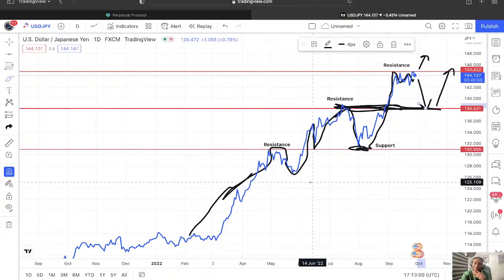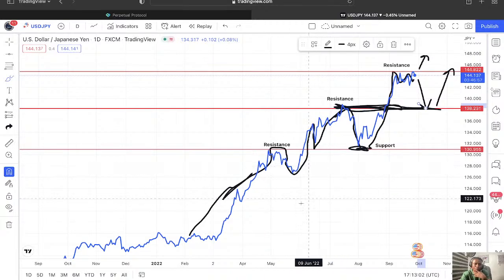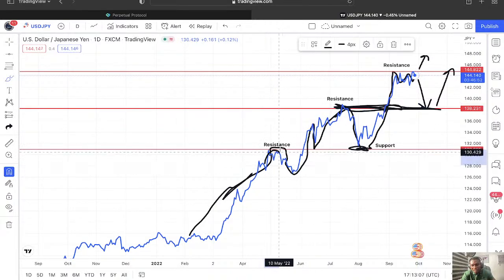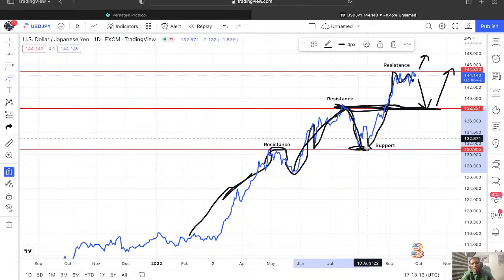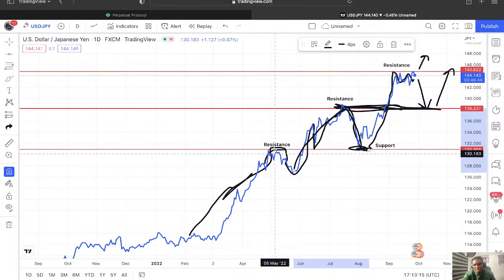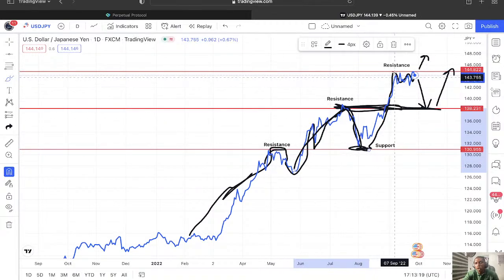Because if you observe how the market has been moving, when price broke out of this resistance level and went up, price came back to test the support turned resistance level. So the question is, what do we see price doing at this level?